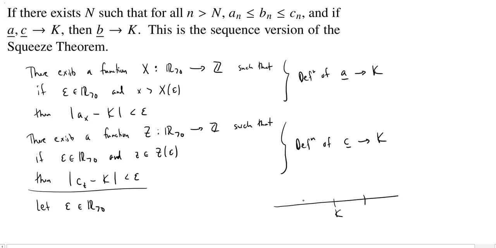All right. Now, if I go to the left and to the right by epsilon, then this is the interval around k where we want things to live, right? That's what we mean by close. Now, we know that we can go out far enough so that the a sequence will be within epsilon and the c sequence will be within epsilon.